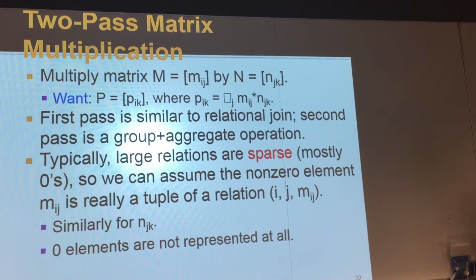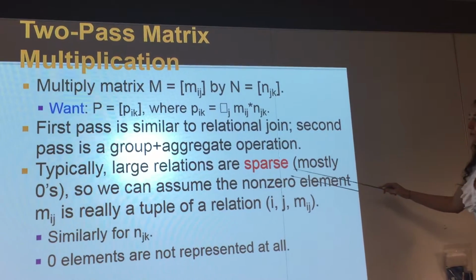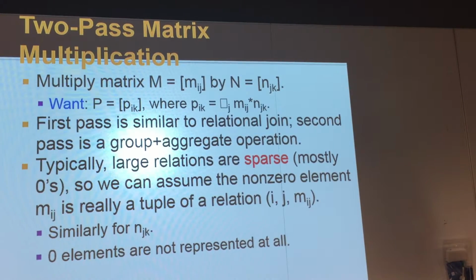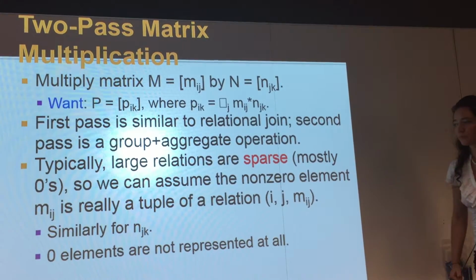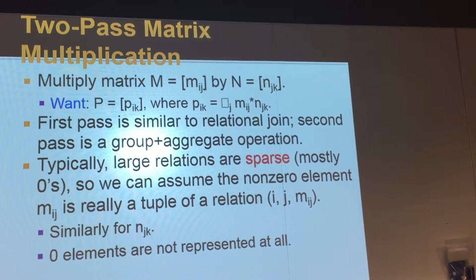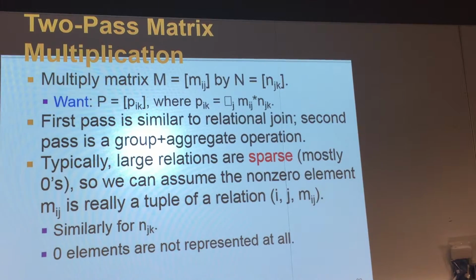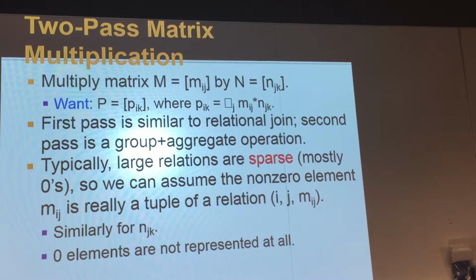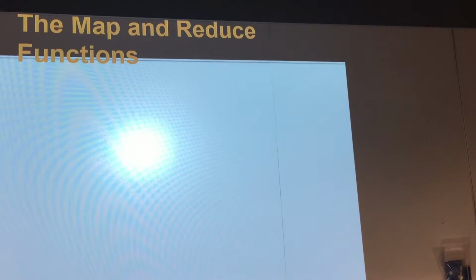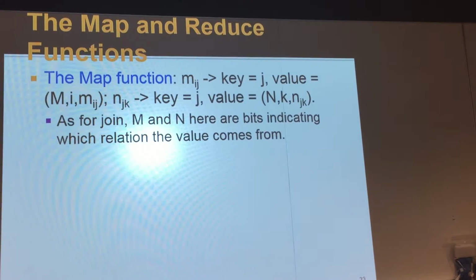If that's the case, then we consider them sparse relations. This group and aggregate operation will be very efficient if we have this kind of sparse relations.